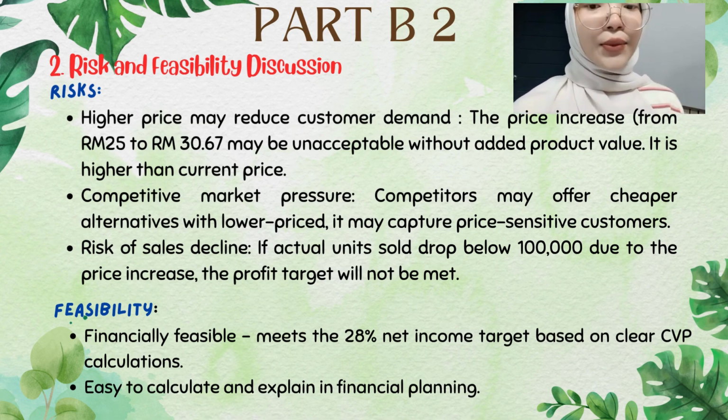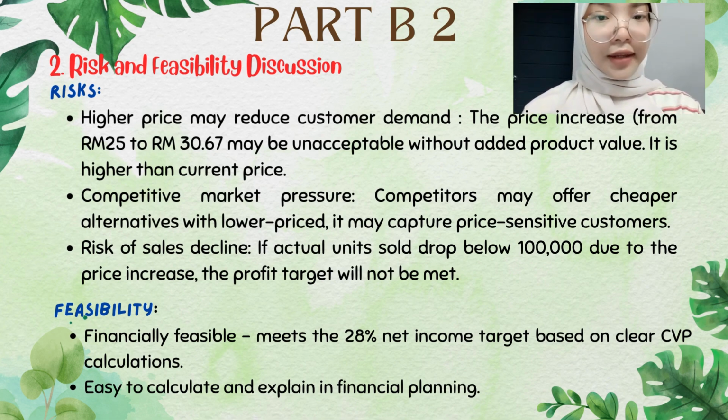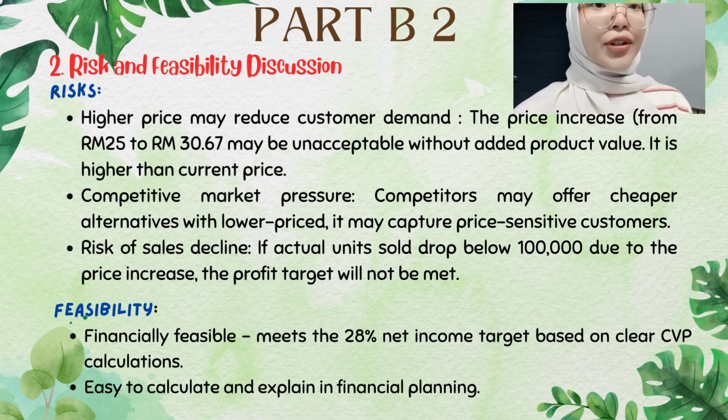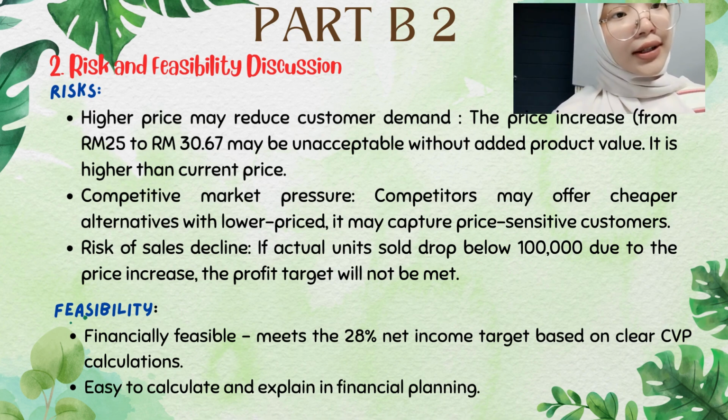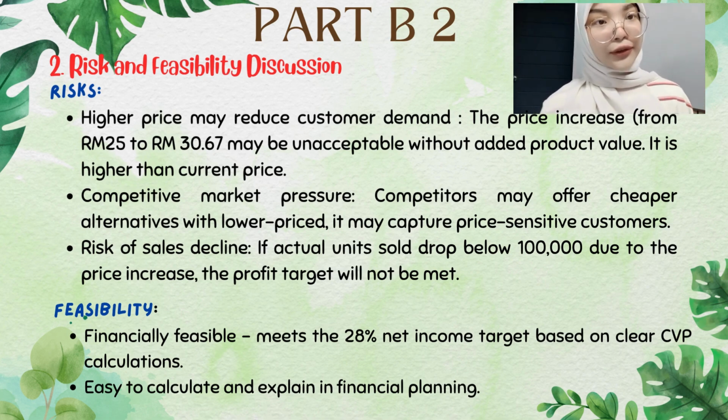So the next one is feasibility. This approach is financially feasible. Based on our CVP analysis, the price allows us to reach our target net income, assuming the 100,000 units are sold. Additionally, the pricing model is simple and practical for financial planning.